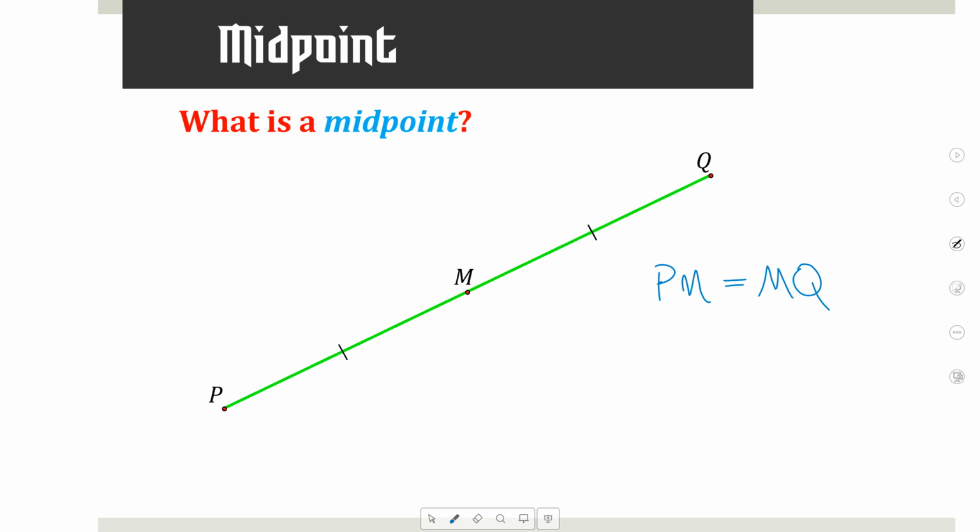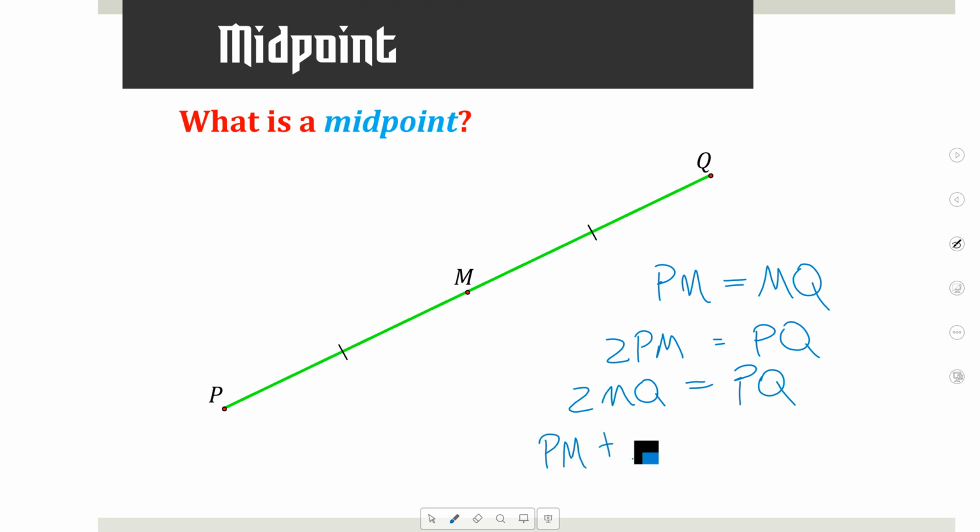The line segment PQ is twice as long as PM or MQ. So PM times 2 is equal to PQ, or MQ times 2 is equal to PQ. Very good. We could also, if you prefer, say that PM is half of PQ. Divide both sides by 2. Good.